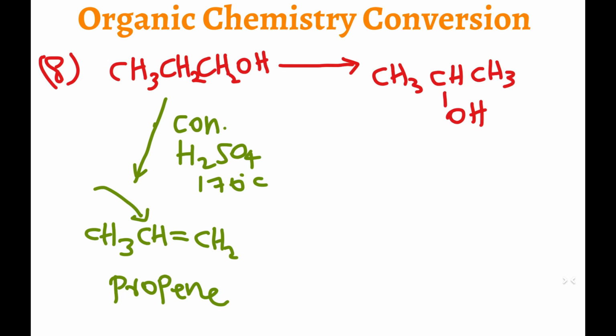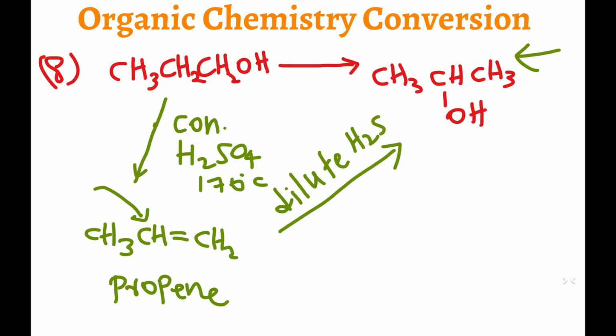To convert this propene into the secondary alcohol, we have two options. First one is we can use dilute sulfuric acid as one reactant. This is our first option. In the second option, we have to use initially concentrated sulfuric acid.